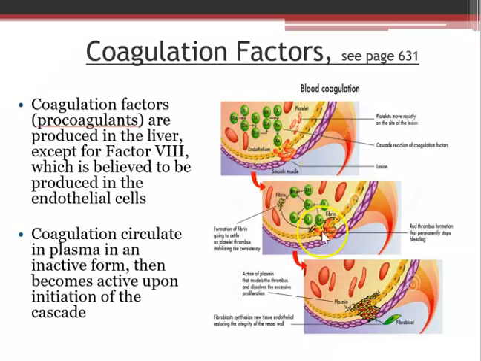And once there is an injury to that lining of the blood vessel wall, then those coagulation factors would be activated and called into action. And then finally, you would have your clot formation and hopefully the healing of your vessel wall injury down here at the bottom.